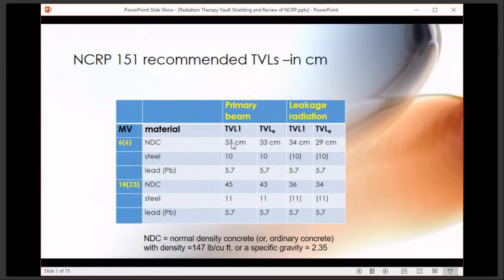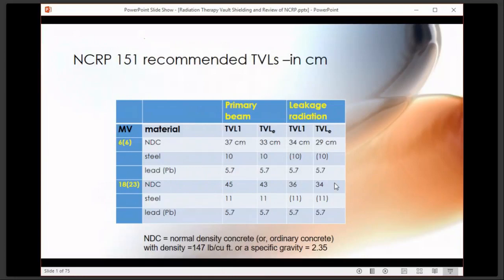And you can see a slightly larger value for the first versus the equilibrium in most cases. In lead, they're the same. There's no difference. Steel, pretty much the same. Leakage radiation is a little less penetrating, but not a whole lot, and so slightly smaller TVLs than the primary.